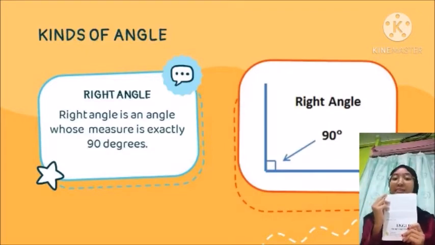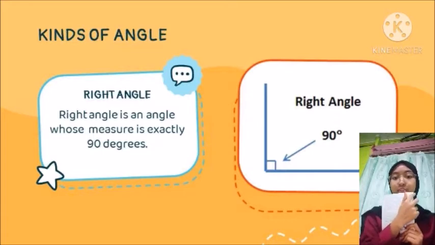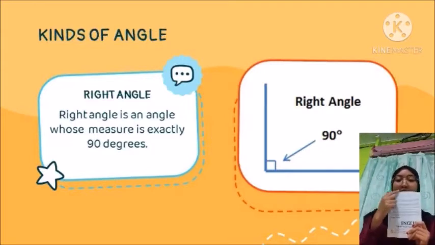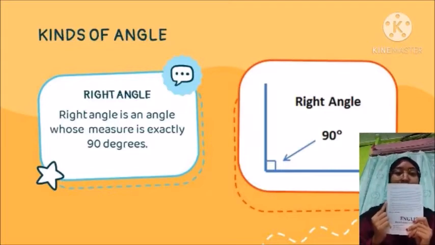For example, from this to this is an example of a right angle. And from this to this is also an example of a right angle.